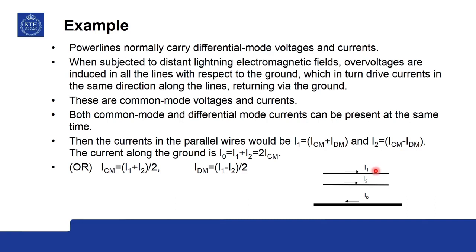Then the current along the ground is I1 plus I2, or 2 times ICM, or you can define common mode current as the sum of these currents divided by 2, because differential mode currents are cancelling each other. And the differential mode current is the difference of these two currents I1 and I2 divided by 2, because common mode currents are cancelling each other then.